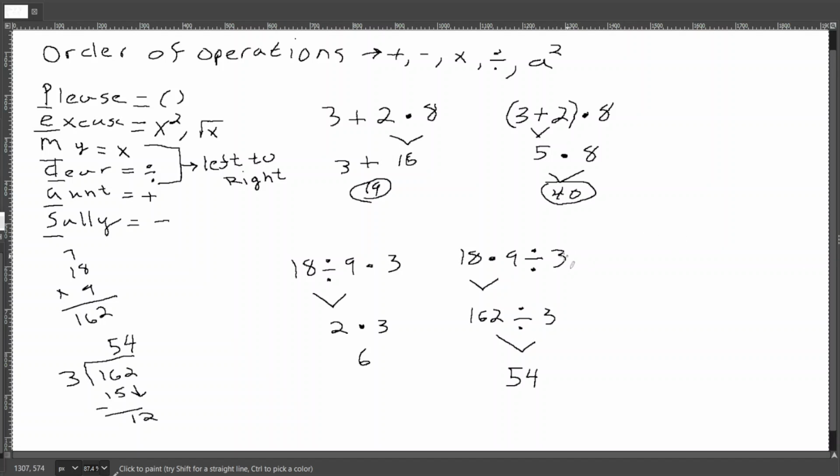So, I do want to let you guys know that these are expressions, okay? So this is an expression. So we use please excuse my dear Aunt Sally with expressions. And we do something a little different with equations. Now, when you do have an equation, so I'm going to go ahead and put here equation.